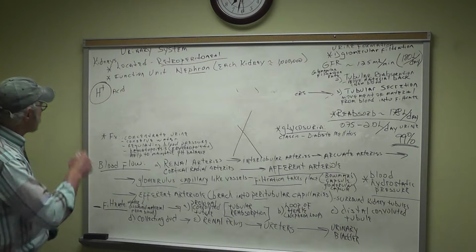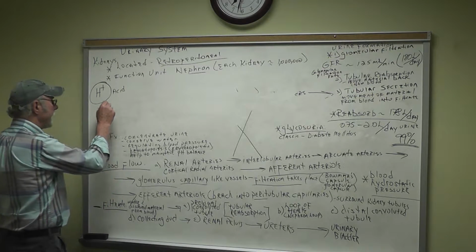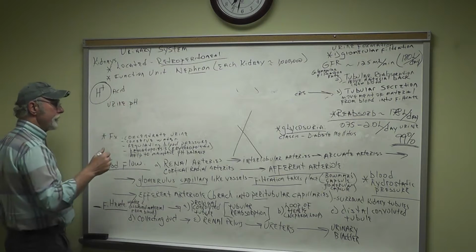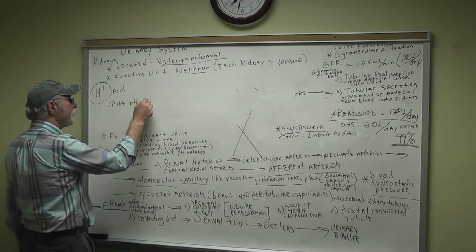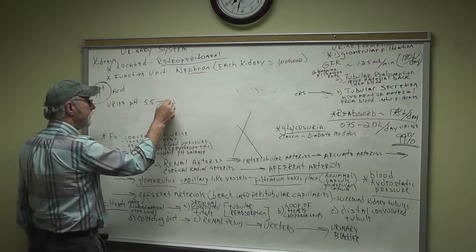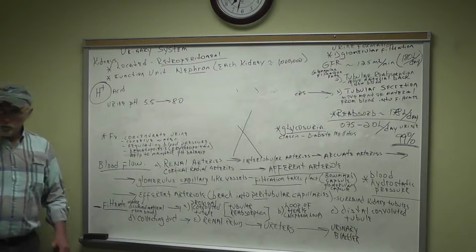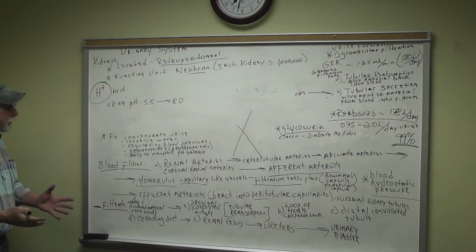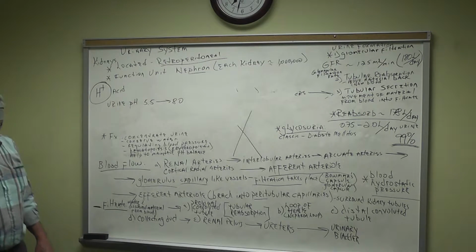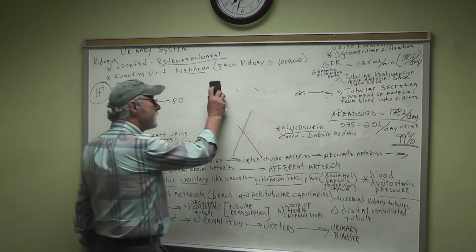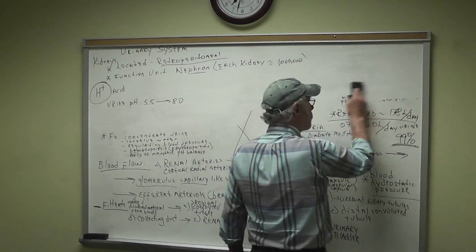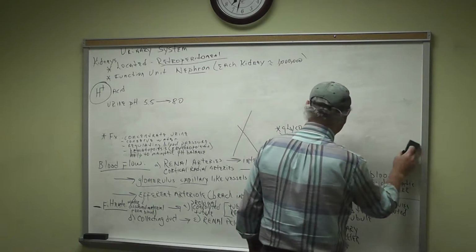Okay. Speaking of that, urine pH varies anywhere from about 5.5 all the way up to 8.0 normally. Okay, and again, that depends on the pH condition of our blood and our tissue fluids.